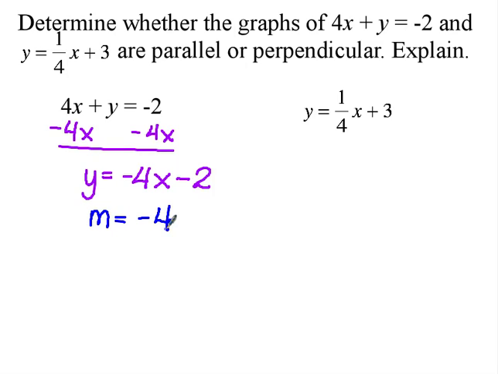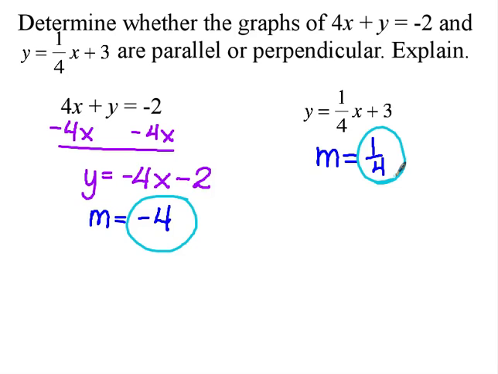What do you know about the slope of the second equation? It's 1/4. So now I need to compare the two. What do you know about this number and this number? They're the reciprocals, and they're also the negative reciprocals.